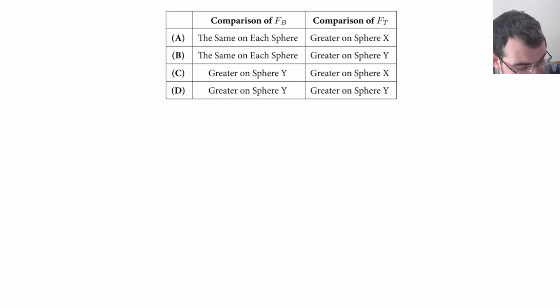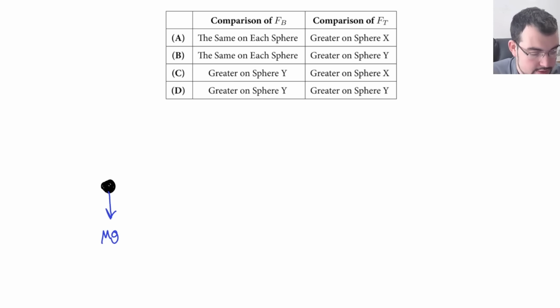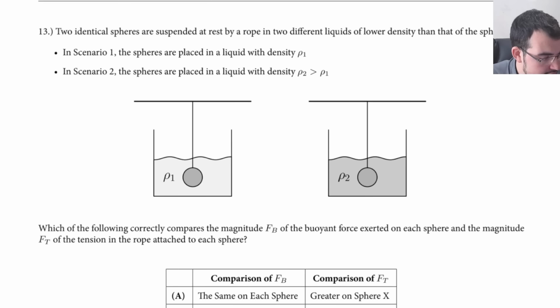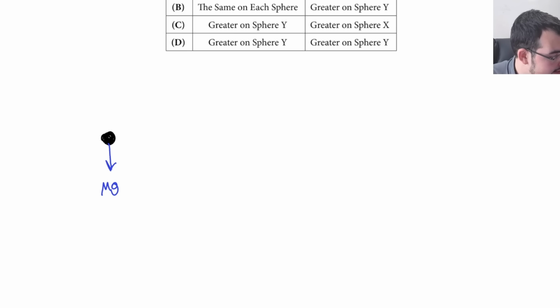So we know that our forces, of course, we have a gravitational force on each sphere. And they are identical, so the mg is the same. And then upwards, we have a buoyant force, Fb, and we have a tension force, Ft.